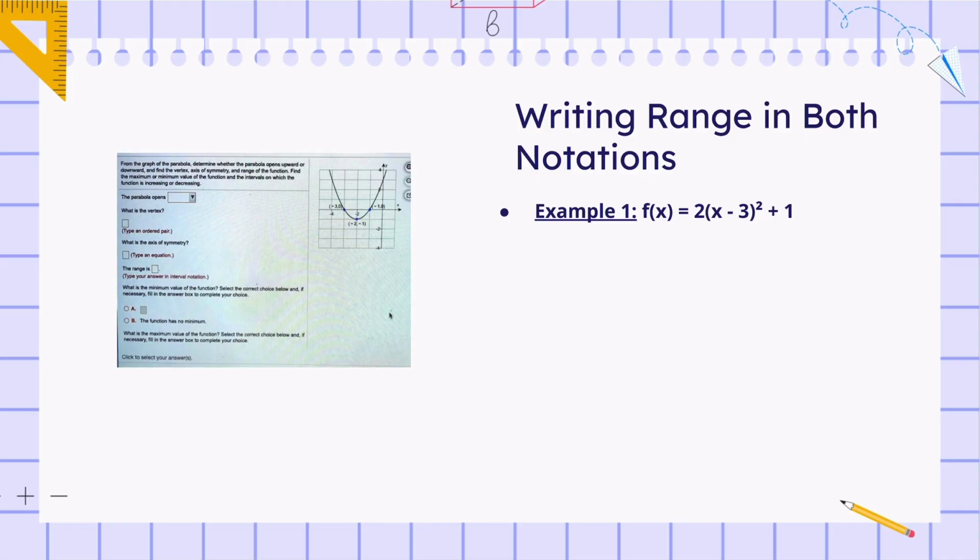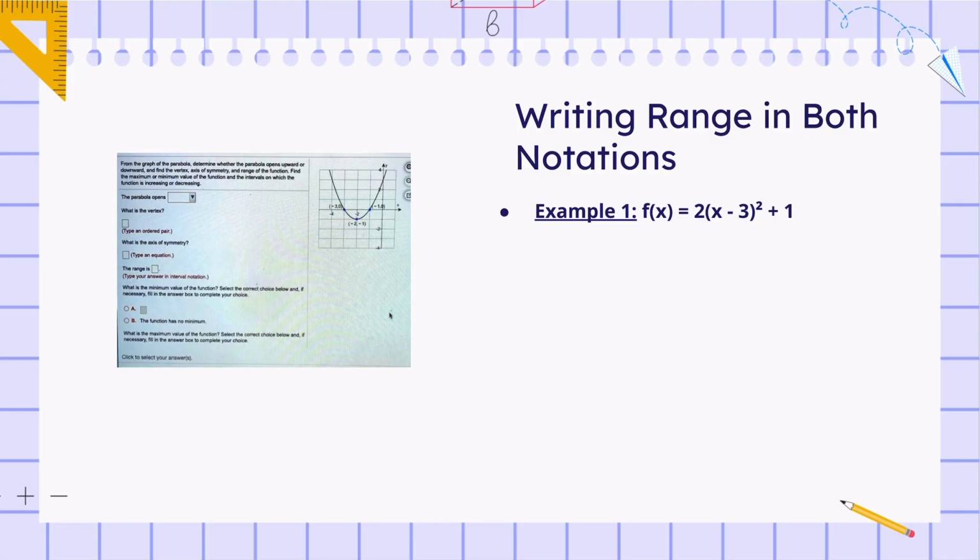Well, we can see here that the graph has a vertex of (3, 1). Now for the domain, it's all real numbers, so there's no reason to state it here. But for the range, it has a minimum value of 1.